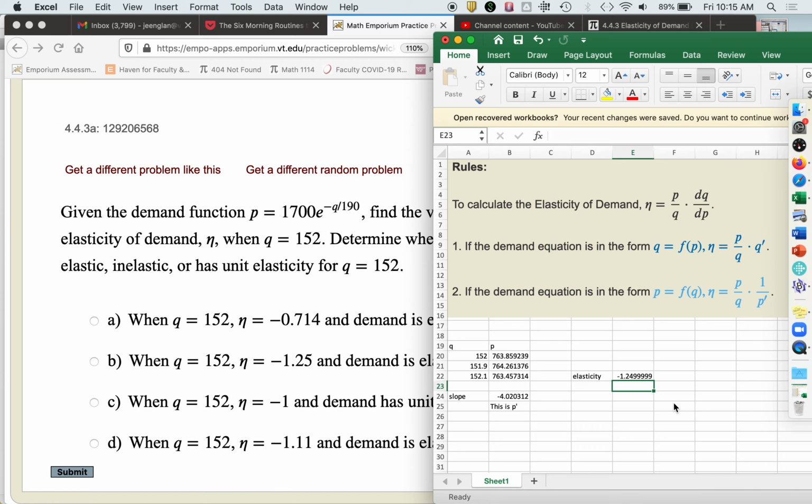Negative 1.249999. Okay, so we're obviously going to round that to negative 1.25.